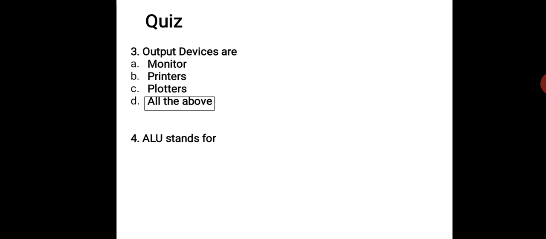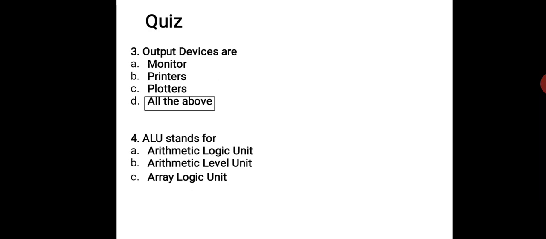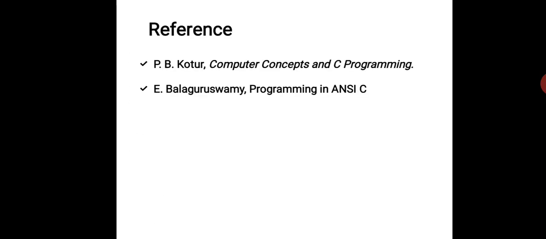Fourth question: ALU stands for arithmetic logic unit, arithmetic level unit, array logic unit, or all of the above. Which one is correct? Arithmetic logic unit. Yes, it's true. Thank you students.